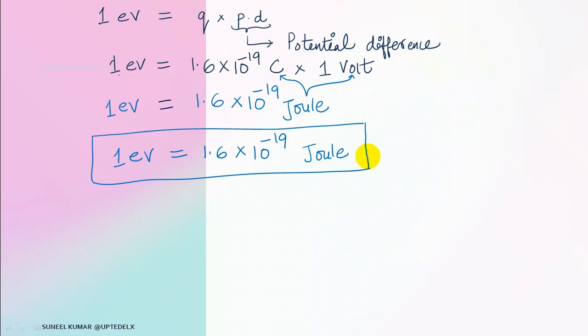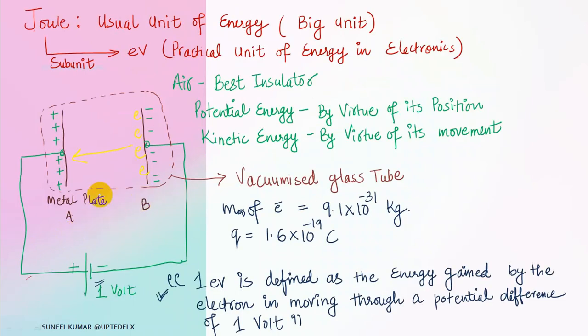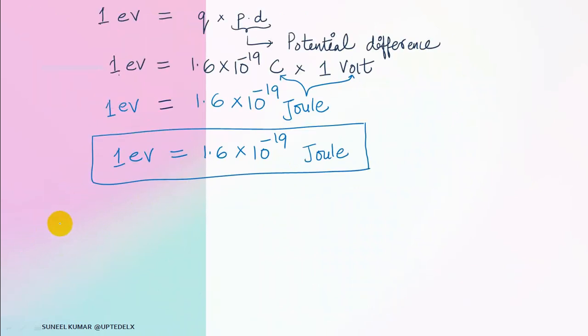This is the unit to analyze the behavior of any electron inside any solid or any material. So now just see here. When the electron starts moving from metal plate B to metal plate A, then it must have some kinetic energy.